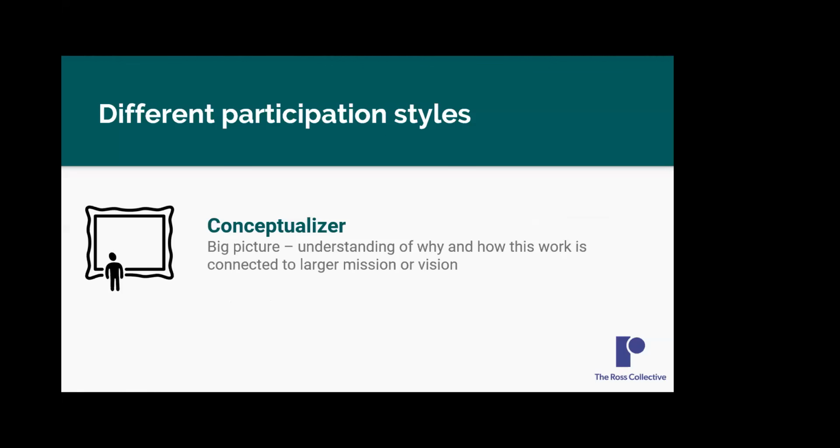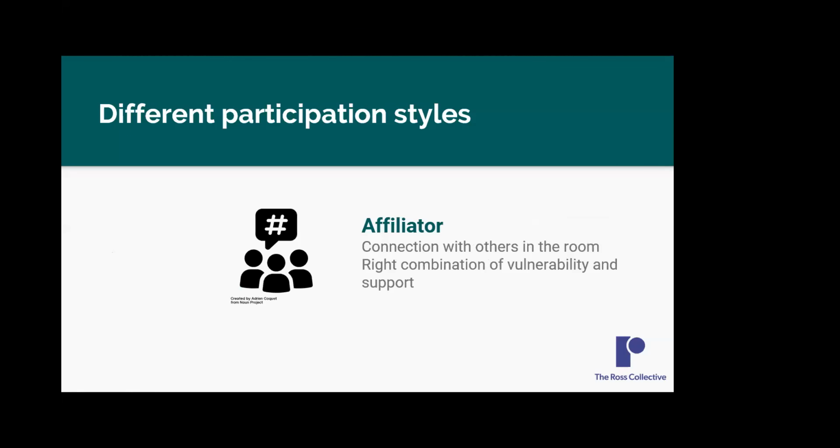Conceptualizers are interested in the big picture. They want an understanding of why and how the work is connected to the larger mission or vision. And next, an affiliator. These are people who are most interested in their connection with others in the room, right? Those people in your meeting want that vulnerability and support. If you ask them why they joined your board, they might say, well, my friend asked me to.